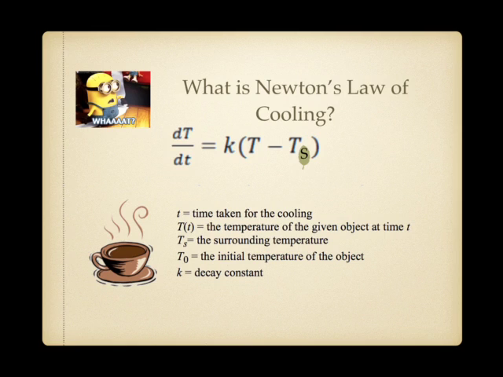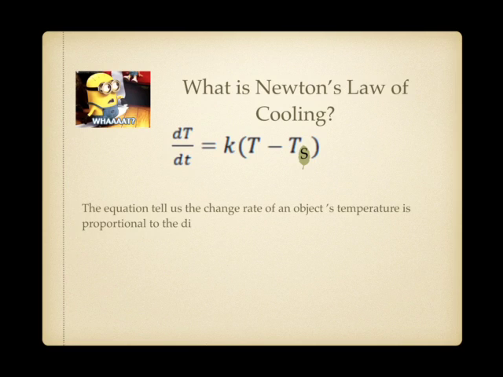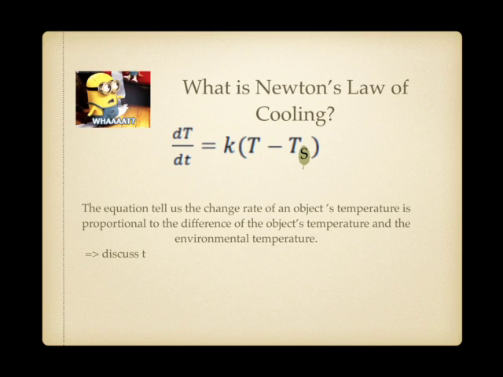Ts is the surrounding or ambient temperature, T0 is the initial temperature of the object, and K represents the decay constant. This equation tells us the change rate of an object's temperature is proportional to the difference between the object's temperature and the environmental temperature.